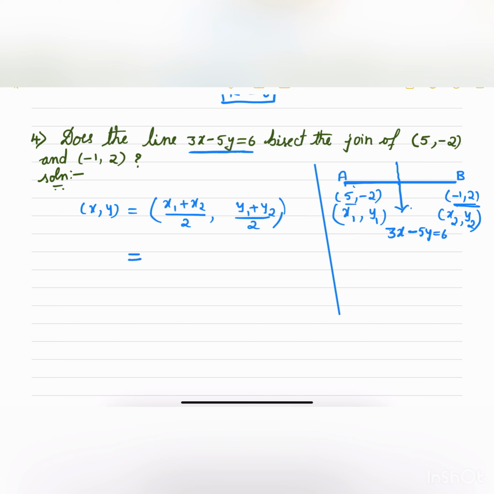This is the coordinate xy, we can take it as point P also. P of xy is equal to (x1 plus x2)/2, (y1 plus y2)/2.